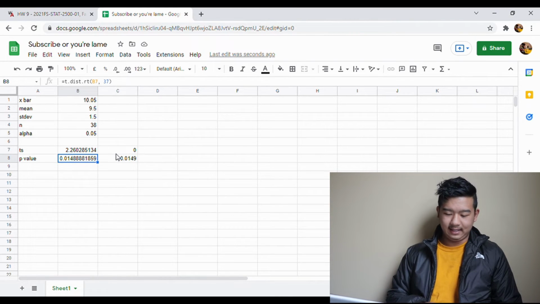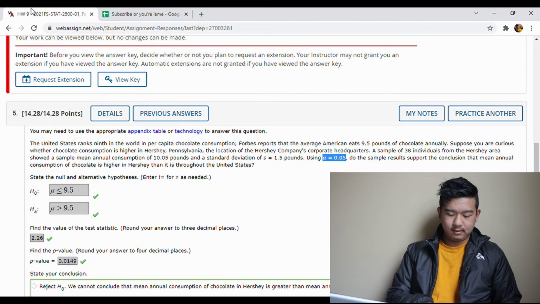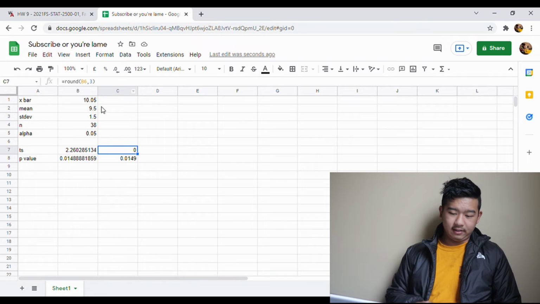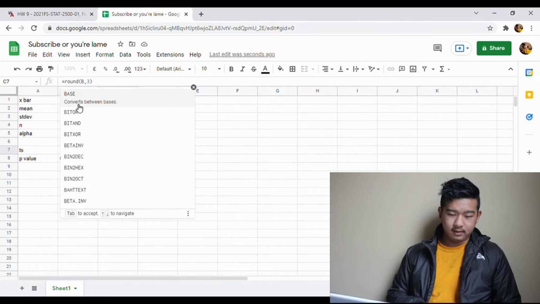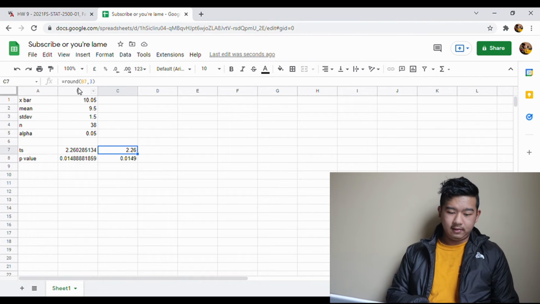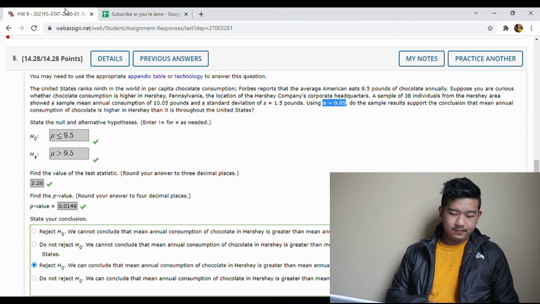I think in our question it says round to 3 decimals. So we are going to round B7. I don't know why I clicked B6. Round B7 to 3 decimals: 2.260. Is that the right answer?